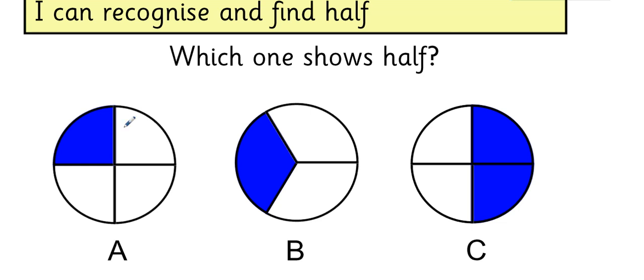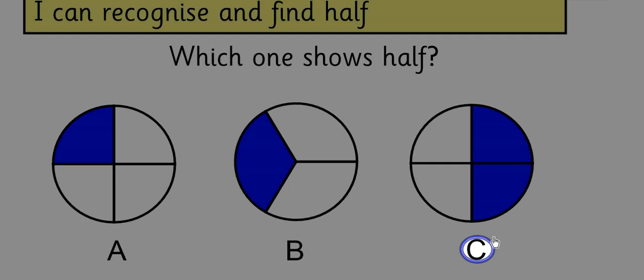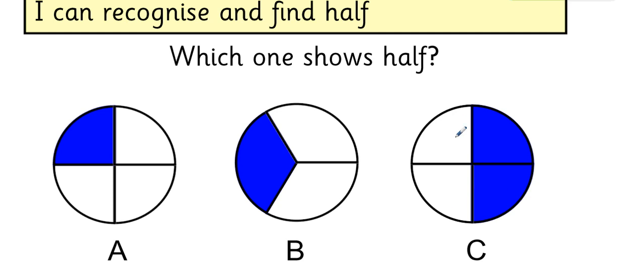The one that shows half is C. C shows half because it has 2 equal parts. The blue and the white are the same. 2 equal parts, 1 coloured in. When we look at this shape, B, we don't have blue and white the same.